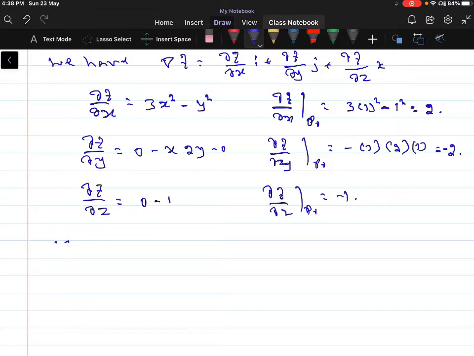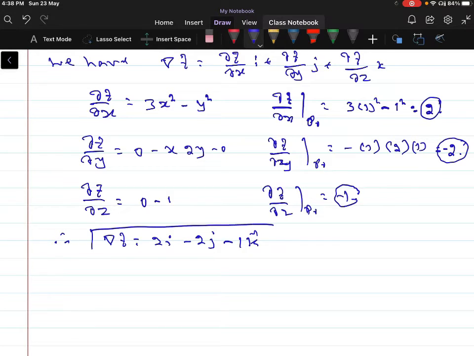Therefore, the gradient of f is equal to 2 i cap, where del f by del x is 2, minus 2 j cap, where del f by del y is minus 2, and del f by del z is minus 1, minus 1 into k cap. So this is the gradient of f at the point P naught, equal to (1, 1, 0).